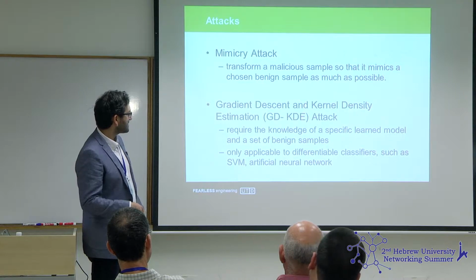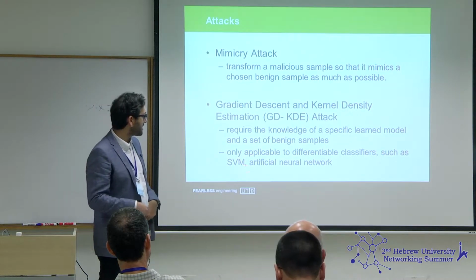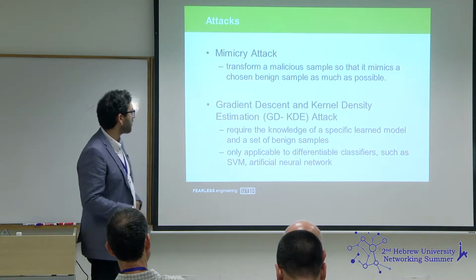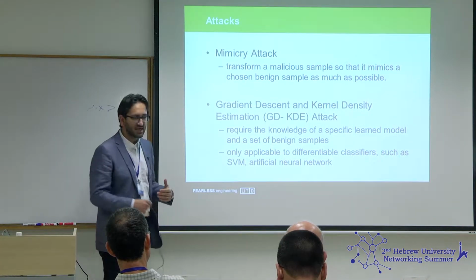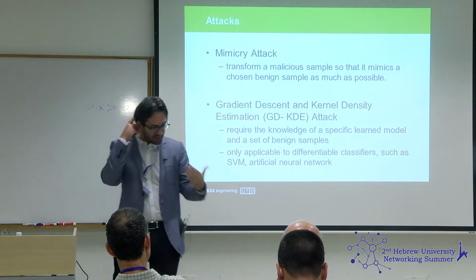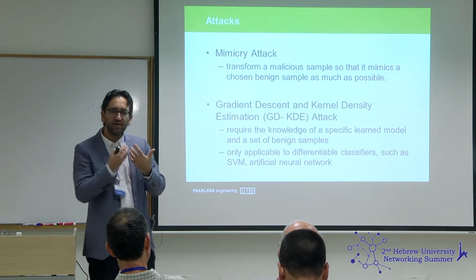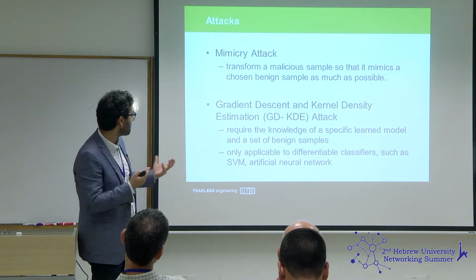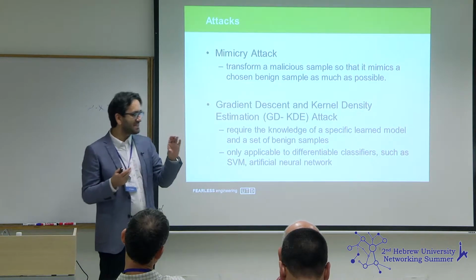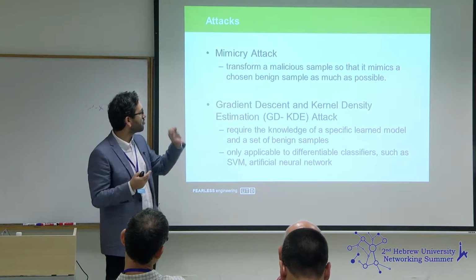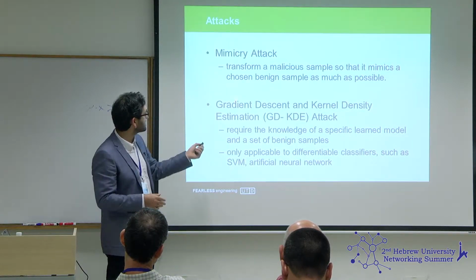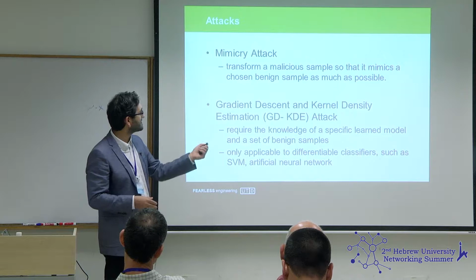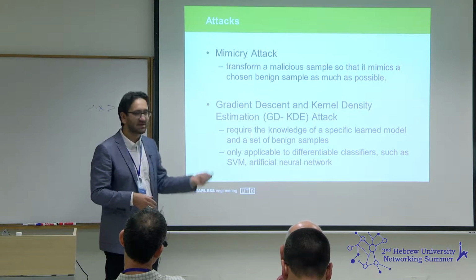And then there are some specific attacks, especially applicable for SVM and neural networks, because they work against gradient descent and kernel density estimation type of techniques. So if you know a certain classifier such as SVM, maybe you can tailor how you modify or what content you inject. This one is applicable for any classifier. This is for a specific classifier.